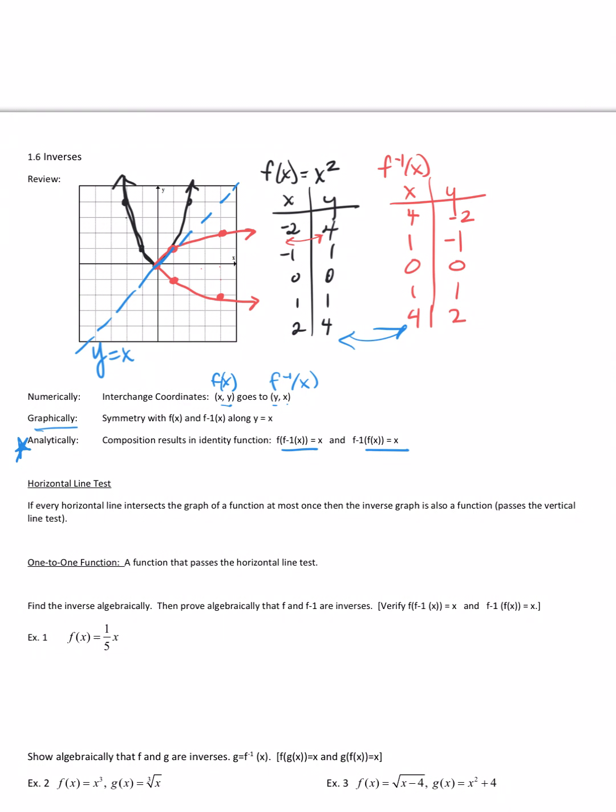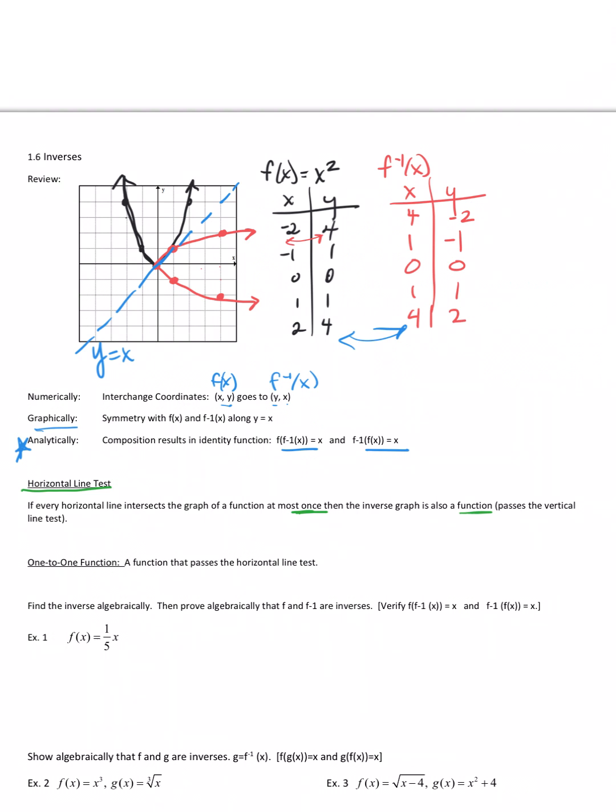Now, most of you remember good old vertical line test, right? Remember, vertical line test determines if it's a function. Well, now there's something to know about a horizontal line test, okay? The horizontal line test says this: if every horizontal line intersects the graph of a function at most once, then the inverse graph is also a function, all right? Passes the vertical line test.